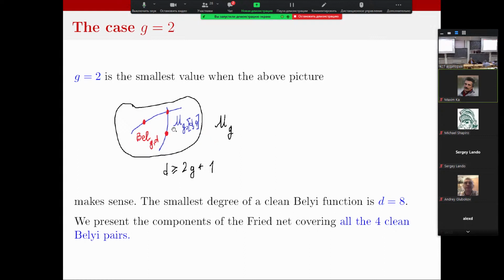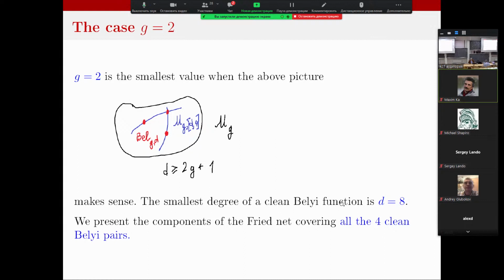There is no space for structures like we are discussing. So we fix genus 2 for our further considerations for arbitrary Belyi pairs.